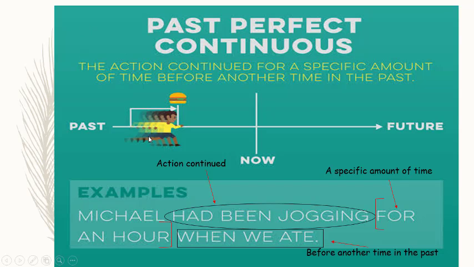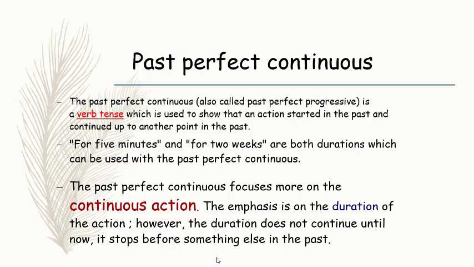So here, past perfect continuous is the action continued for a specific amount of time before another time in the past. Let's read more on past perfect continuous. The past perfect continuous, which is also called past perfect progressive, is a verb tense which is used to show that an action started in the past and continued up to another point in the past, as we said before.